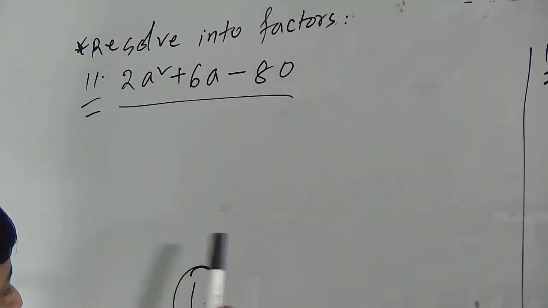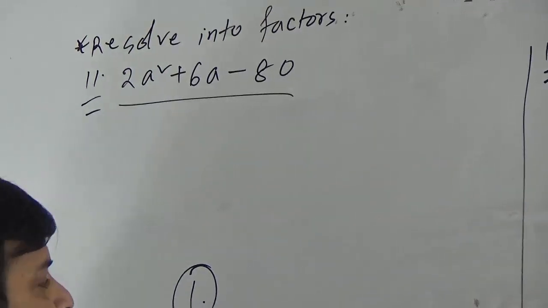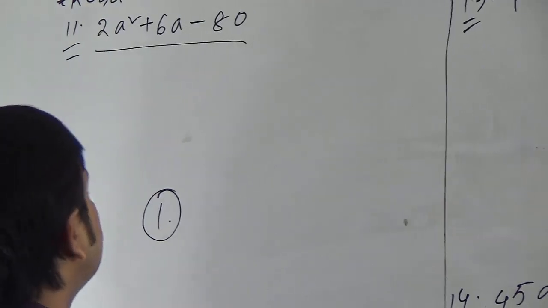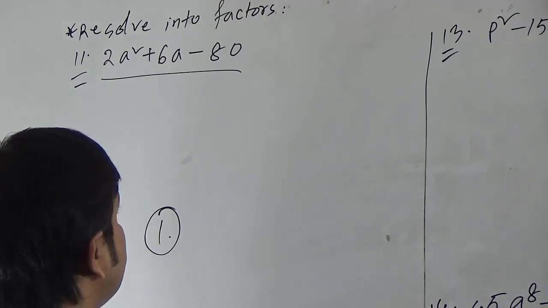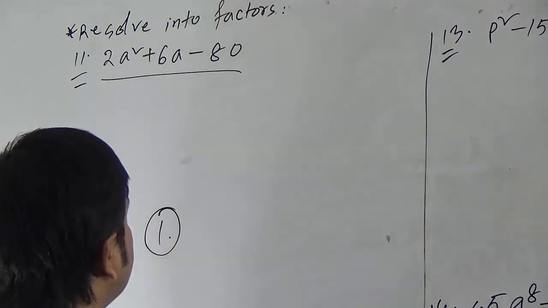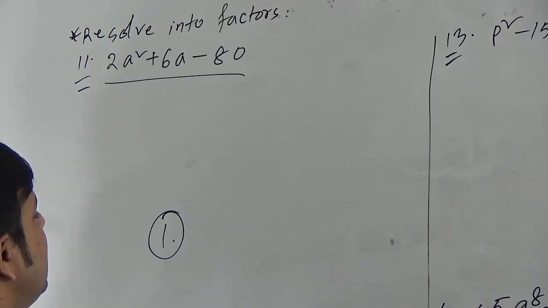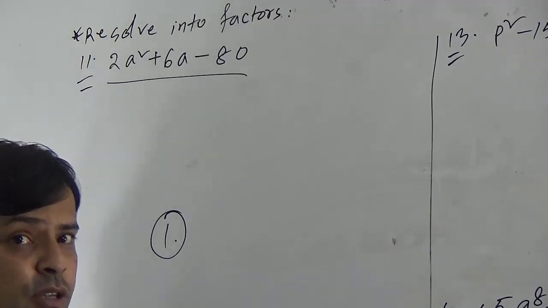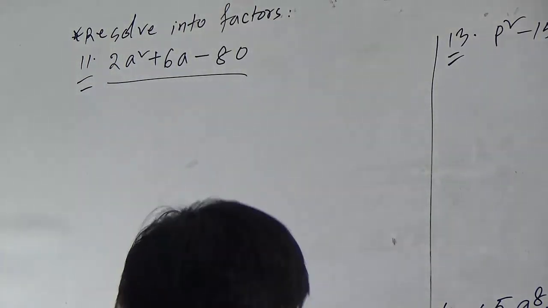If there is, we take that factor common at first. If we can't take common in that way, we see the number of terms. If the number of terms is even, we try to take common by taking two terms together. And if we can't take common that way, we try to apply a formula.